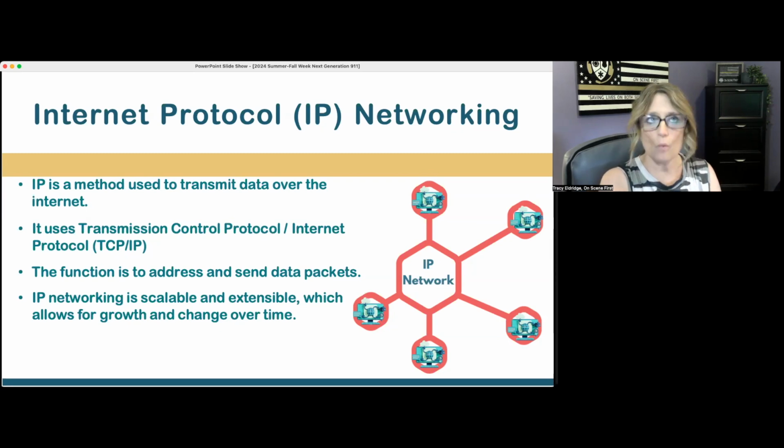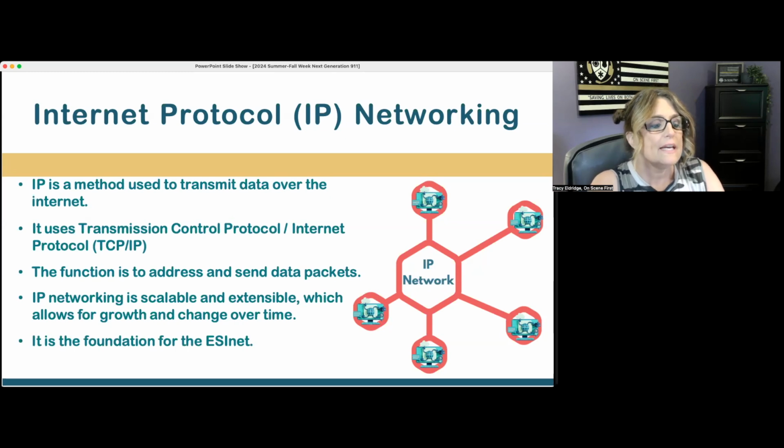But right now, with a fragmented system across the US, we don't have that ESInet that is going to be able to do that yet, until everybody is playing in the same sandbox. And then the IP protocol is the foundation for the ESInet.